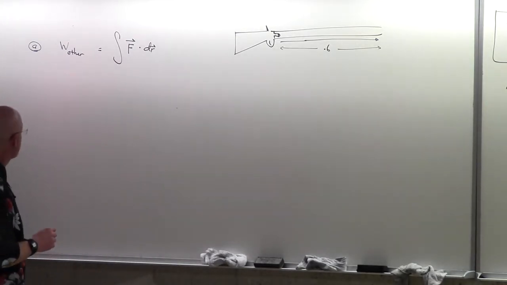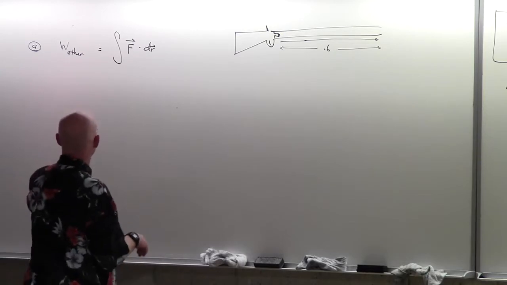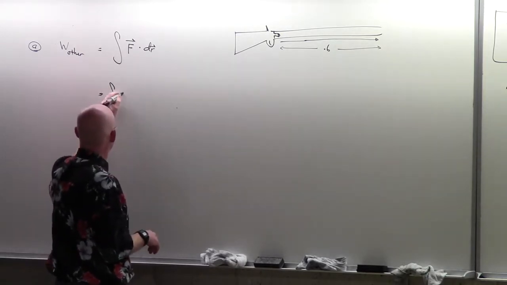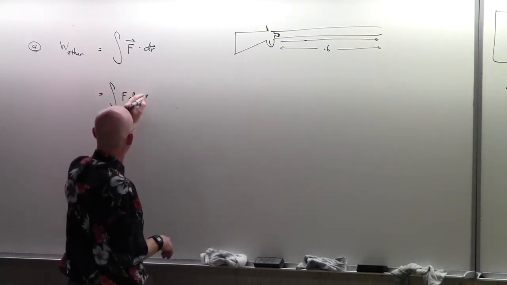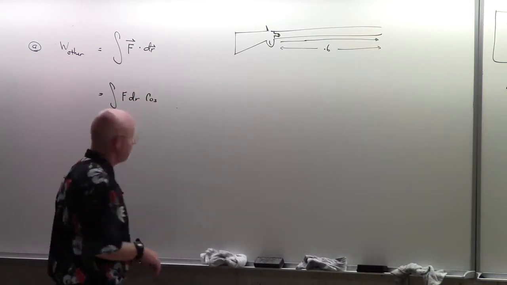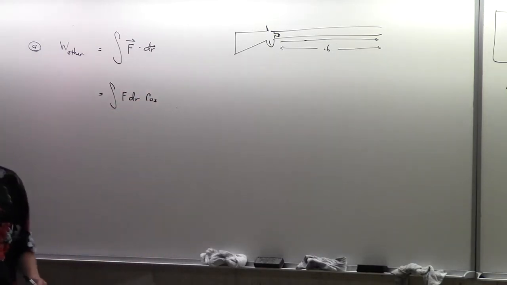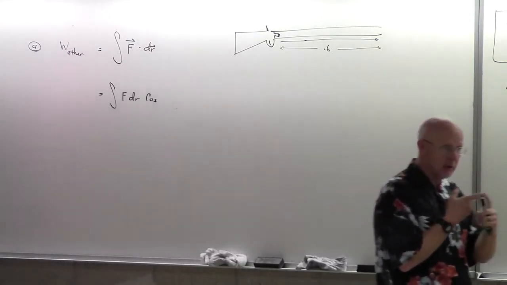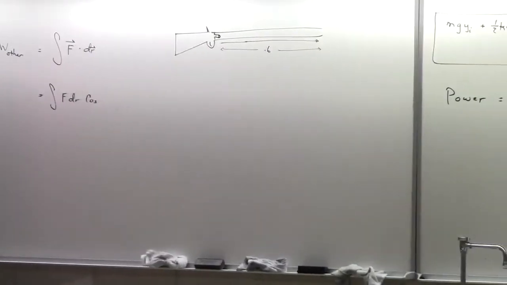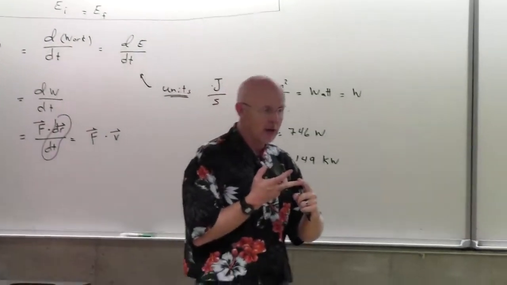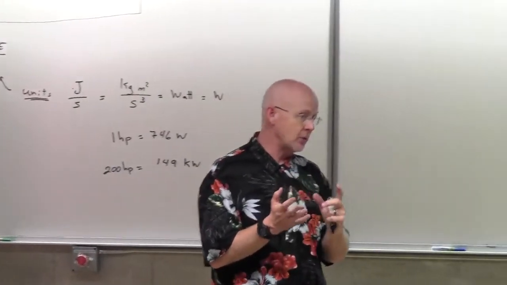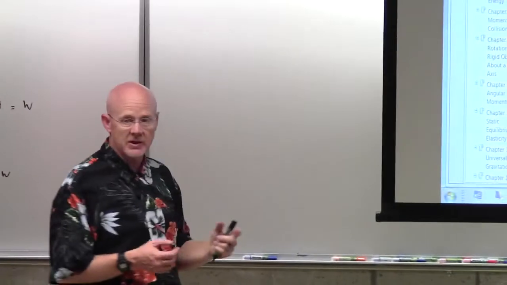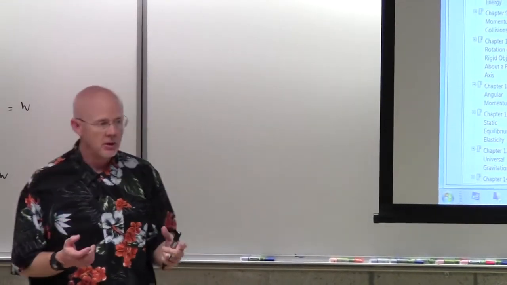I suppose the first thing to do is to take the dot product. But this is probably the easiest step of all. Remember, we said a dot product would be the magnitude of the force times the magnitude of the other vector, which would be dr, times cosine of the angle between them. Well, in this case, what is the angle between them? 0, right?